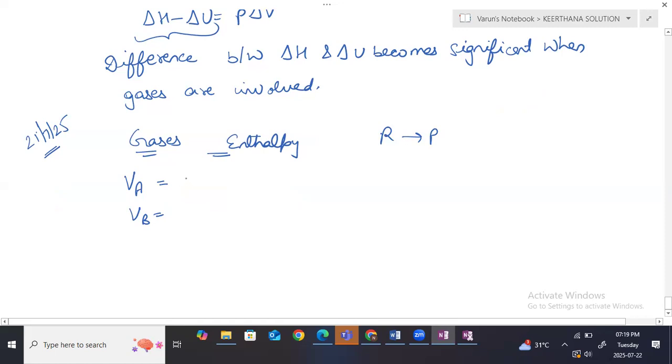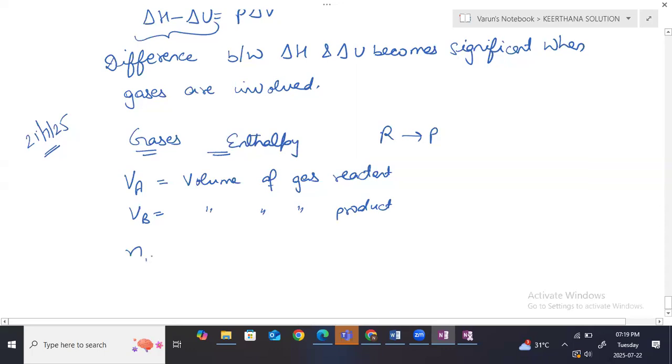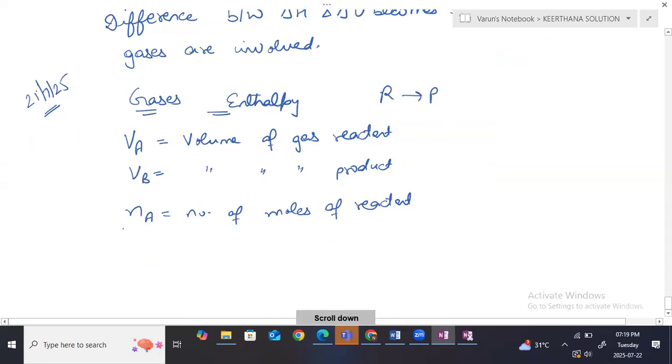So I can say VA is my volume of gas reactants and VB is the volume of gas products. A second thing I can say: NA is the number of moles of reactant that are reacting in a reaction, and NB is my number of moles of product.